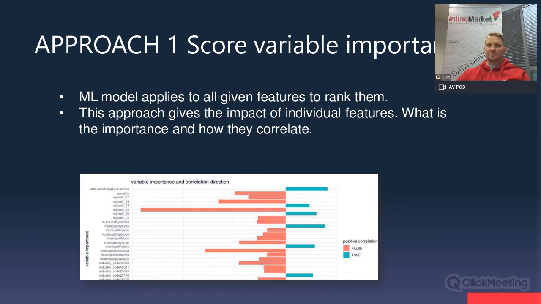Of course, you need to have some volume in the data. I mean, if you, for example, try to use the region for ideal customer profiling, you of course need to have enough customers, enough sales cases in all the regions in the scope.